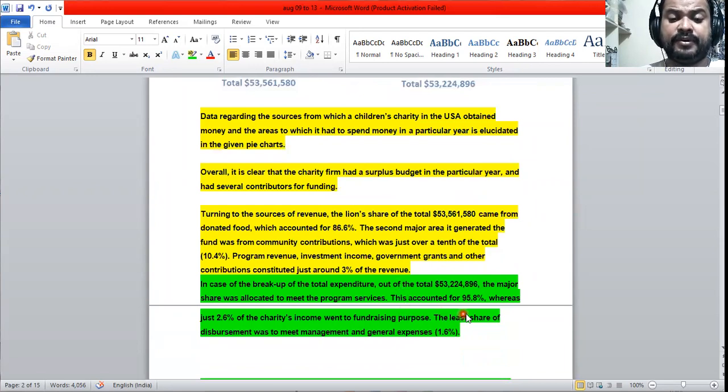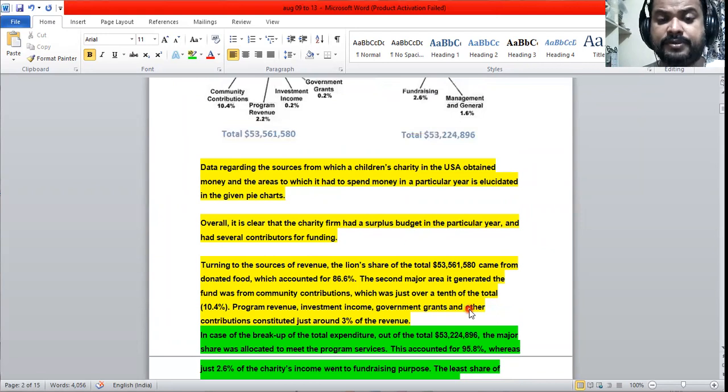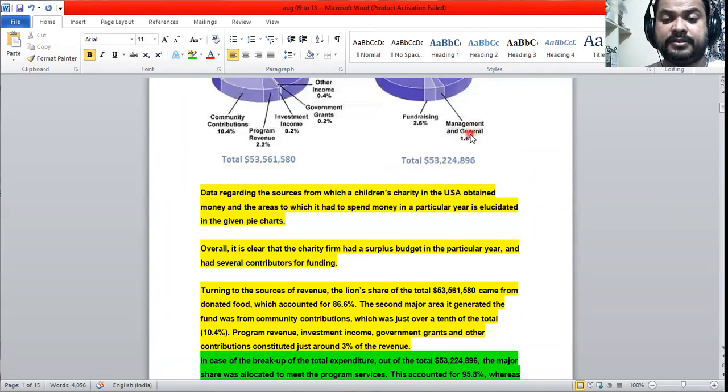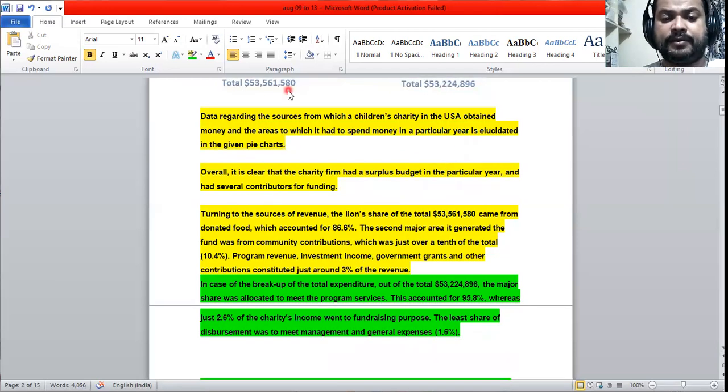This accounted for 95.8%, whereas just 2.6% of the charity's income went to fundraising purposes. The least disbursement was to meet management and general expenses, which is 1.6%. That is the least.